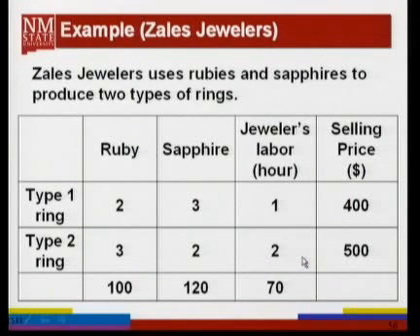Okay? And each type 1 ring sells for $400, and each type 2 ring sells for $500. We assume that all rings produced by Jayer's can be sold. At present, Jayer's has 100 rubies, 120 sapphires, and 70 hours of jeweler's labor available.